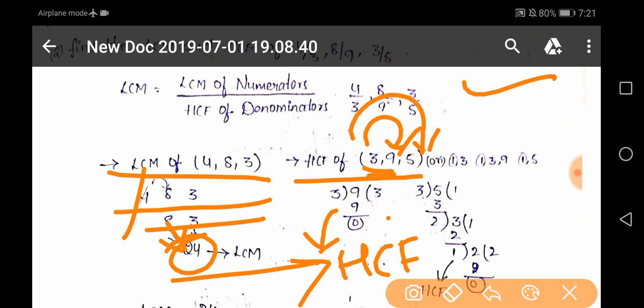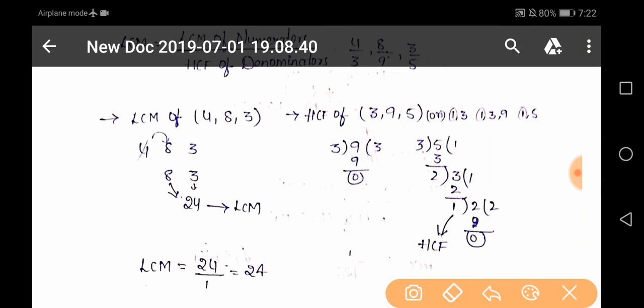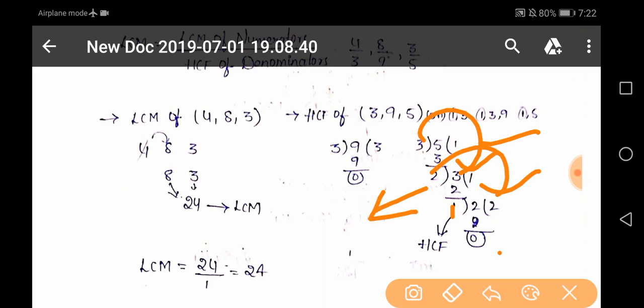It should be cancelled by all the numbers: with 9 and with 5 too. Now we take 5 and 3; you didn't get a 0, you got a 1. It is not cancelled. Again do with 2 and at last you get a 0. So this is the permanent HCF and 3 is not the permanent HCF.